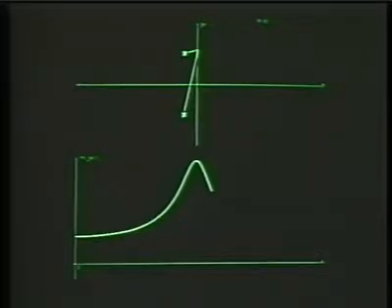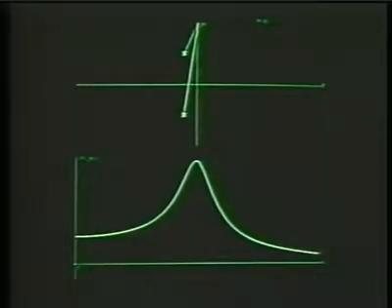From this point, as the frequency increases, corresponding to moving further vertically along the j omega axis, both pole vectors will increase in length, and that means then that the magnitude of the frequency response will decrease. For this specific example, the magnitude of the frequency response will asymptotically go to 0.